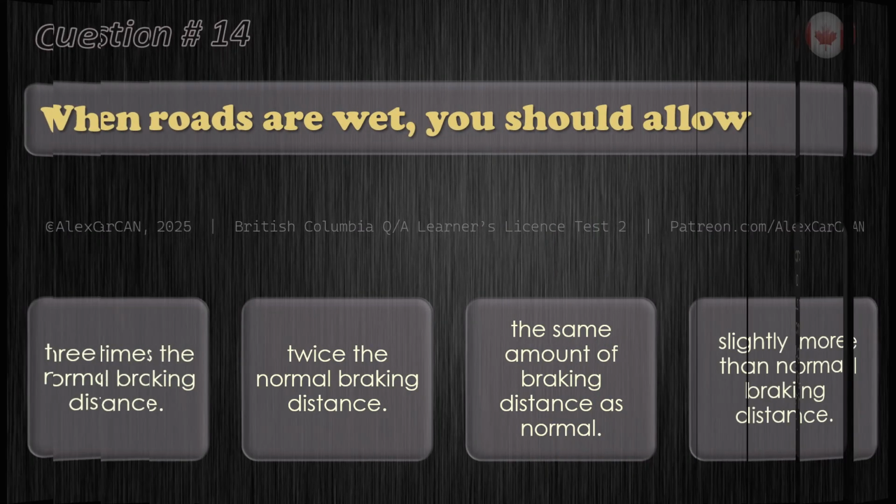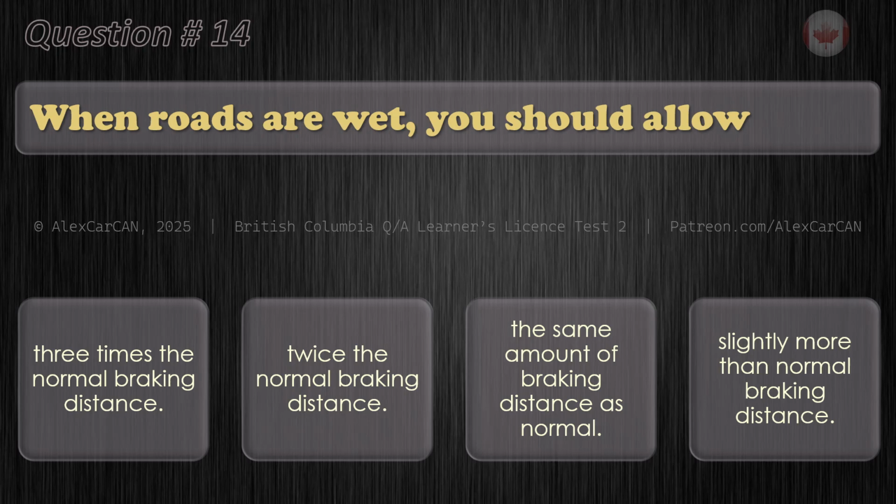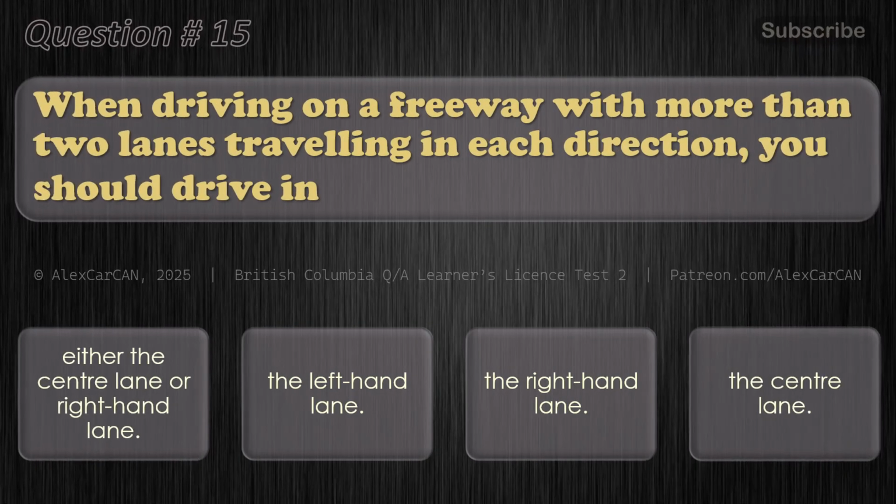Question number 14. When roads are wet, you should allow 3 times the normal braking distance, twice the normal braking distance, the same amount of braking distance as normal, slightly more than normal braking distance. The correct answer is twice the normal braking distance. Question number 15.